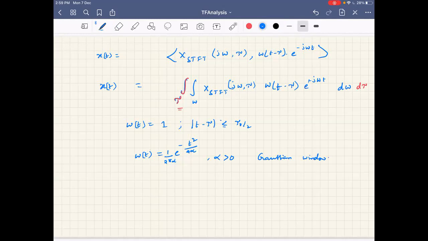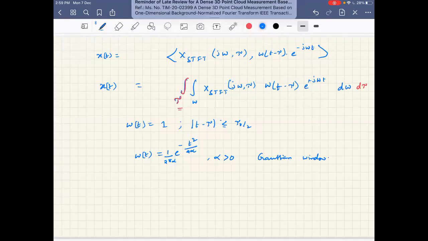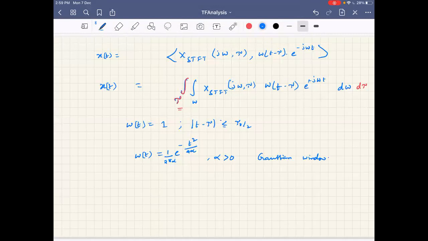This is also quite well known. When we use this Gaussian window for analyzing the frequency content of a signal in the short time Fourier transform, that is referred to as Gabor transform. What does the Gabor transform do?